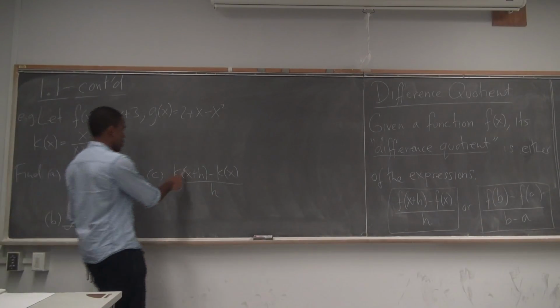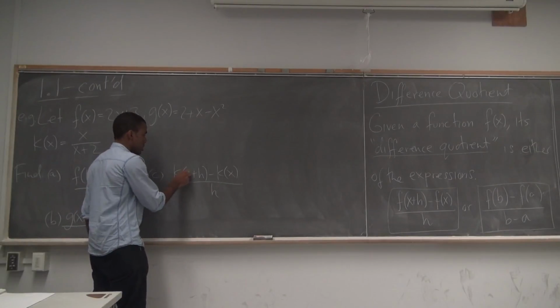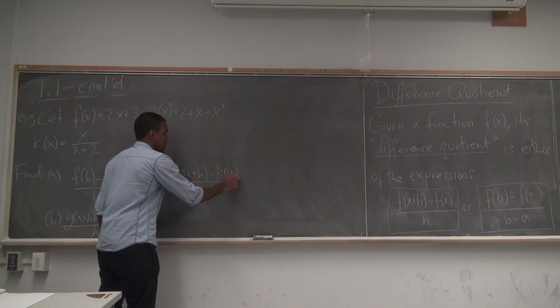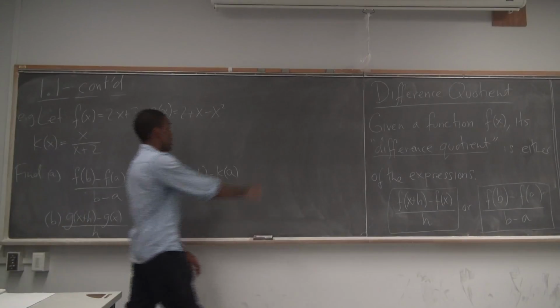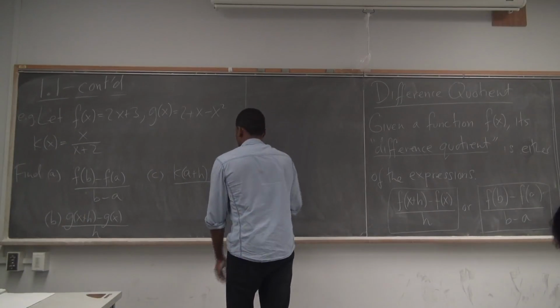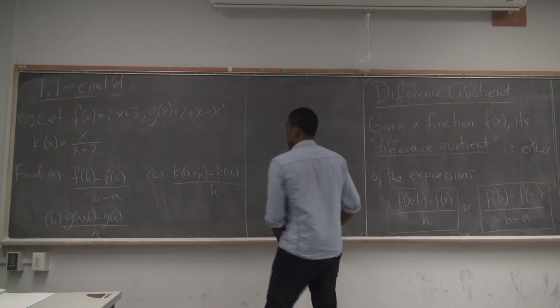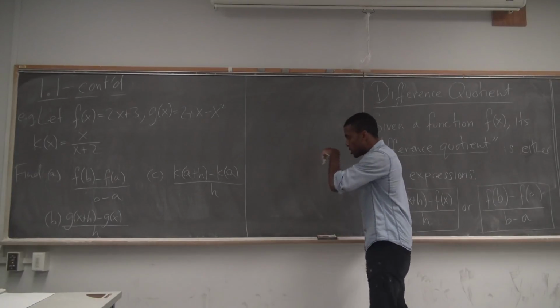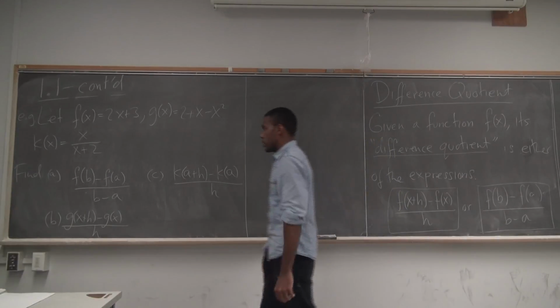Actually, I didn't use an x here, I used an a, but it's actually the same idea. So I basically gave you 3 functions and I want you to compute the difference quotients for each of them.